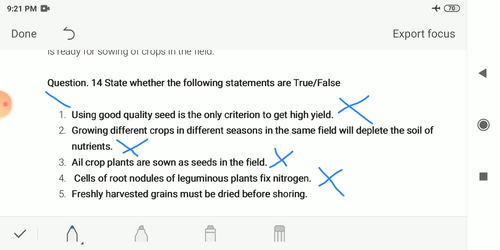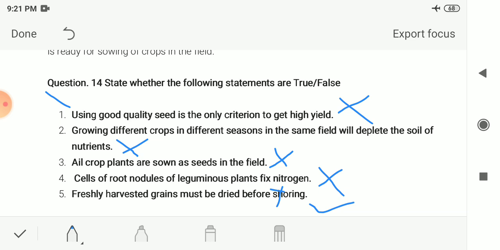Next is: freshly harvested grains must be dried before storing. So this statement is true. The freshly harvested grains must be dried, because the moisture contained in them can spoil the grains or microbial infection may occur.